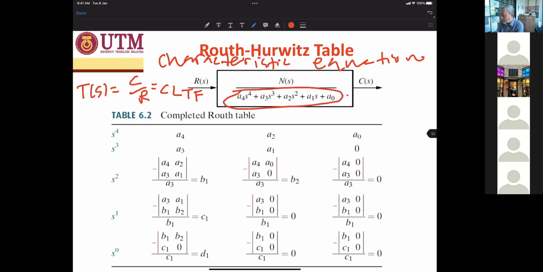When this denominator part is equal to 0, it is known as the characteristic equation.